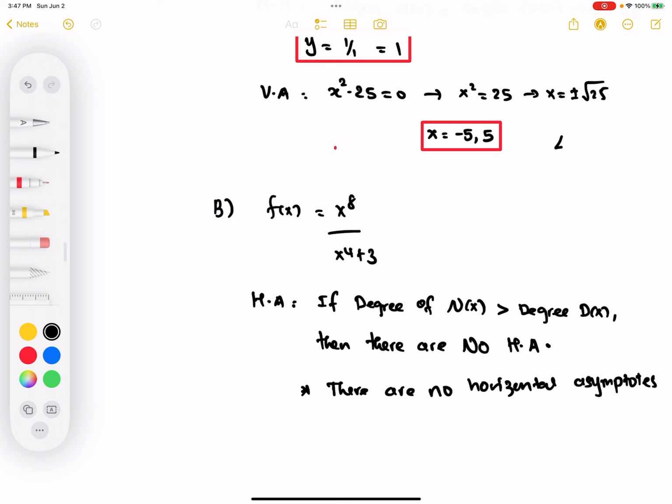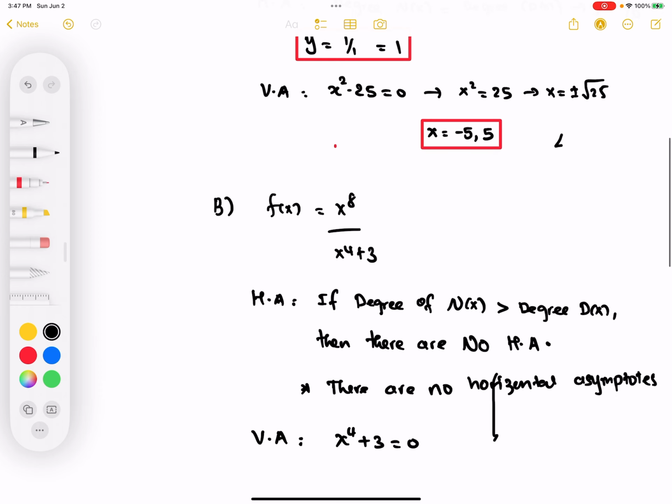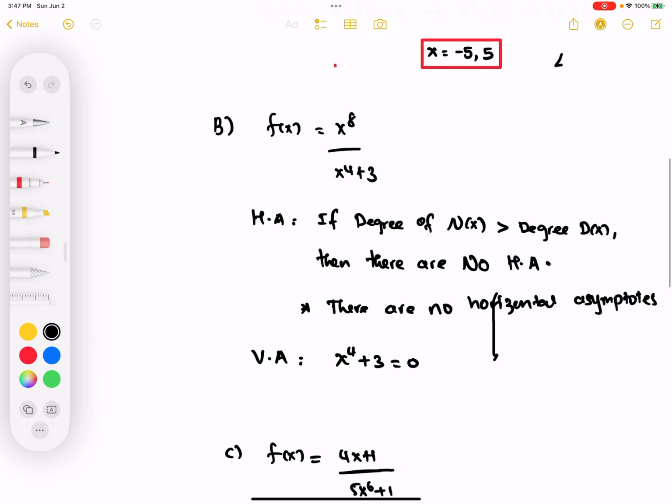for this function. And vertical asymptote, solve for x to the fourth plus 3 is equal to 0. So the solution for this one, x to the fourth is equal to negative 3. So this is no solution under the set of real numbers.